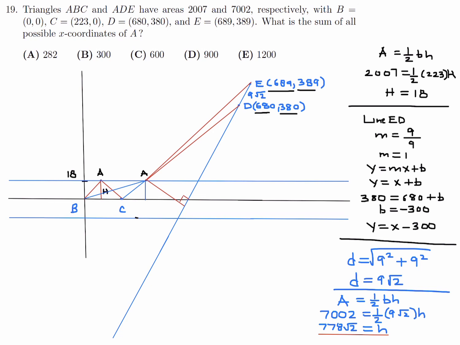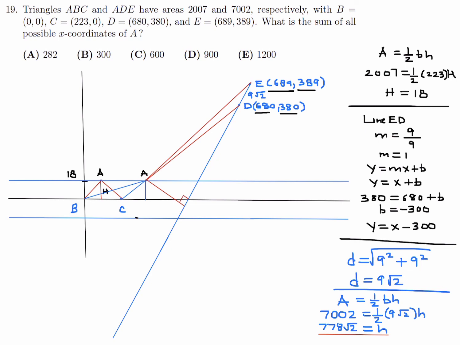That is the question. Remember, for ABC, I wrote that A can be anywhere along that line, and I hope you understood that. By the same kind of principle, A has to be anywhere along a line that is parallel to this line.